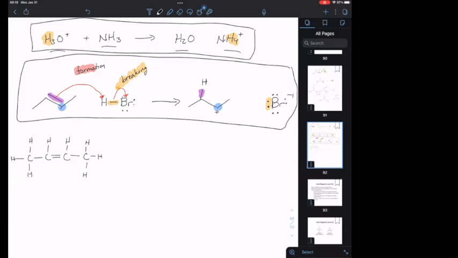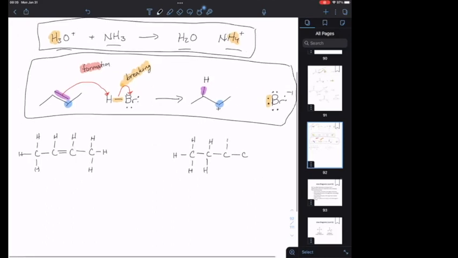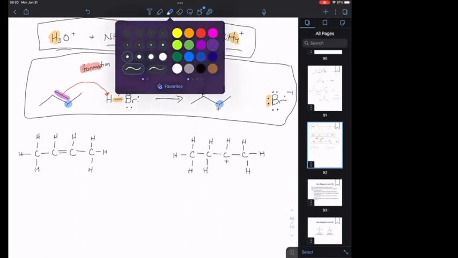Okay, and so if we looked at this in our Lewis structure form, we have this pair of electrons that I colored in purple above.